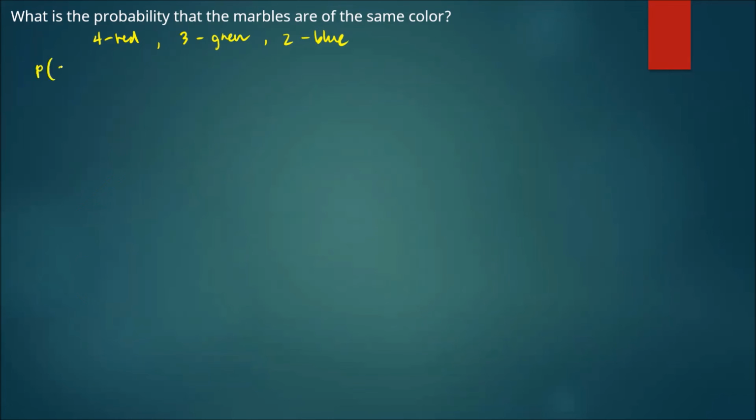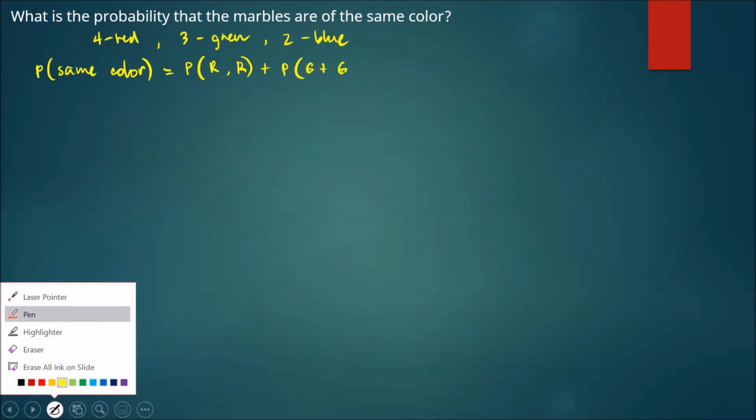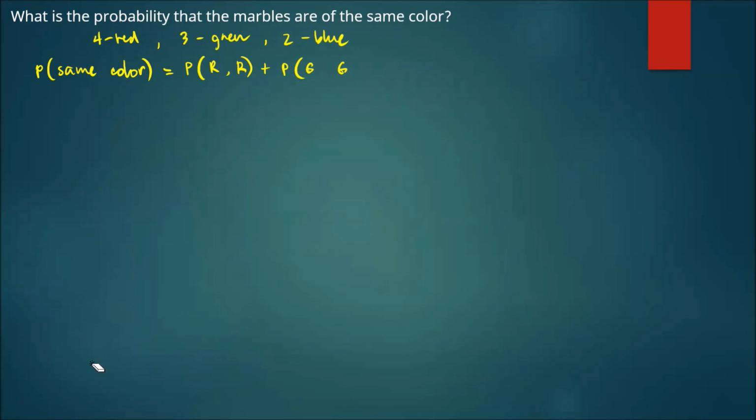So the probability that they are of the same color, again, this is the probability that the first marble is red, then the second marble should also be red, plus the probability that the first marble is green, and the second marble should also be green, plus the probability that the first marble is blue and the second marble is also blue. So take note, this is without replacement. Okay.